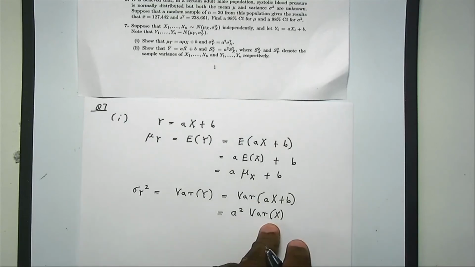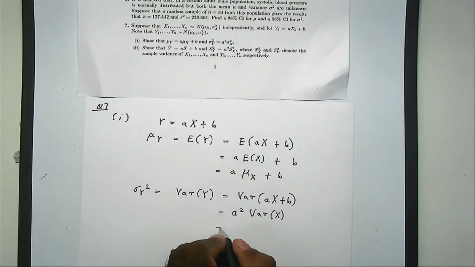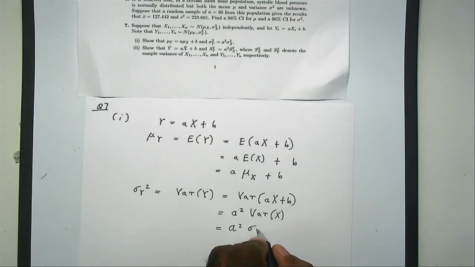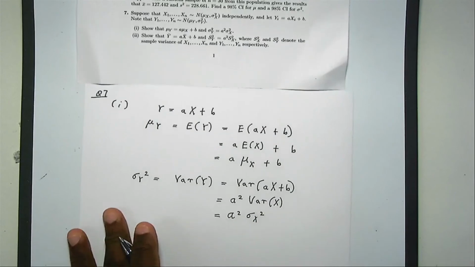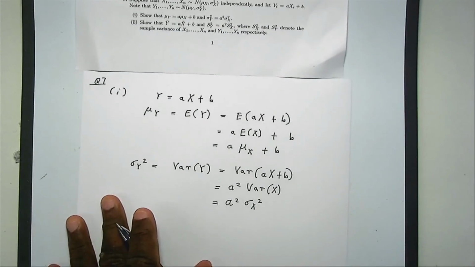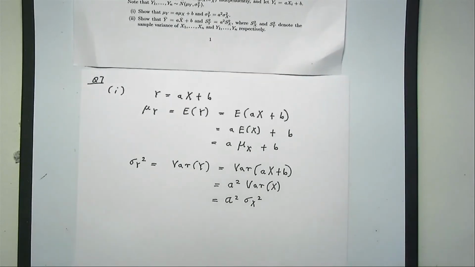Now the variance of x is the variance of the normal distribution which x has, right? So this is a squared times sigma x squared. So it's not difficult, is it? So that proves the first part of question 7.